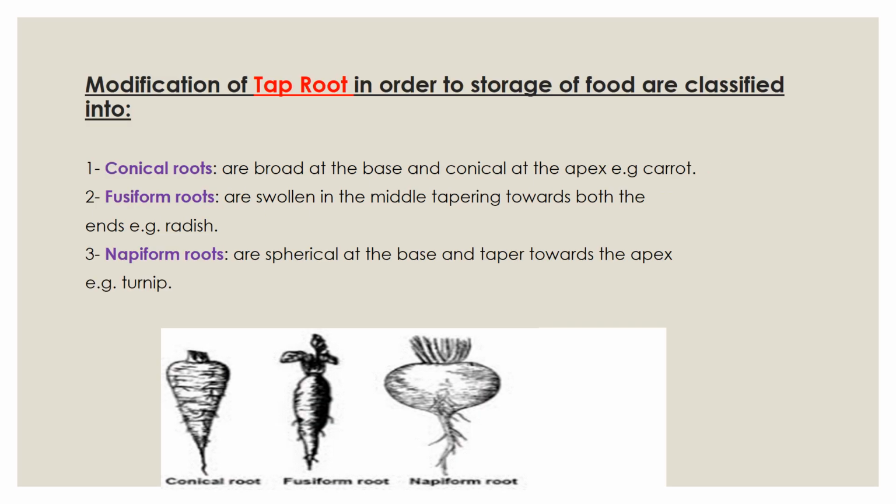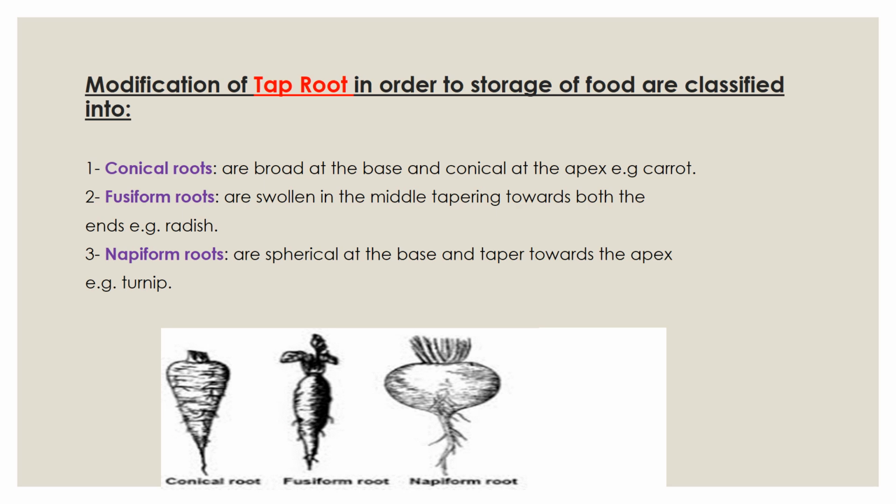Okay, so we already know that we have two types of root. We have the taproot, and another type is the adventitious root. So the taproot modified in order to store food is classified into conical roots. The conical root is familiar for all of us because we always eat it.